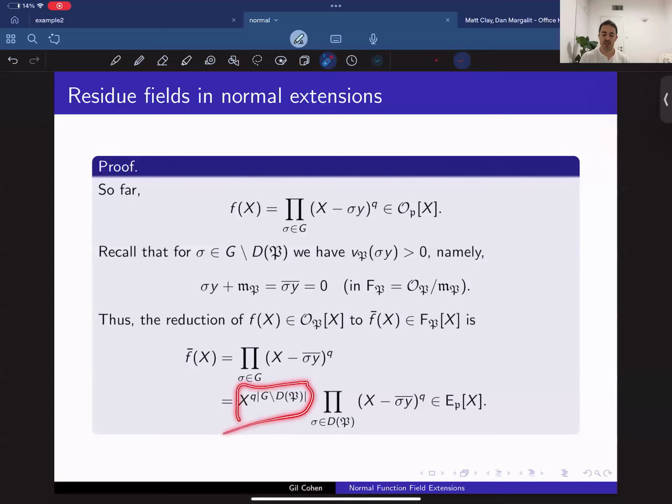So this is the factor that we factor out of this polynomial. And then for the rest of the elements, you go over all sigmas in the decomposition group, and you just copy this thing here. Right, and recall that we said, regardless of any of that, that's also in E_p of x. I mean, the original polynomial was in E_p of x. Definitely, when you mod out by something, it's still in E_p of x.